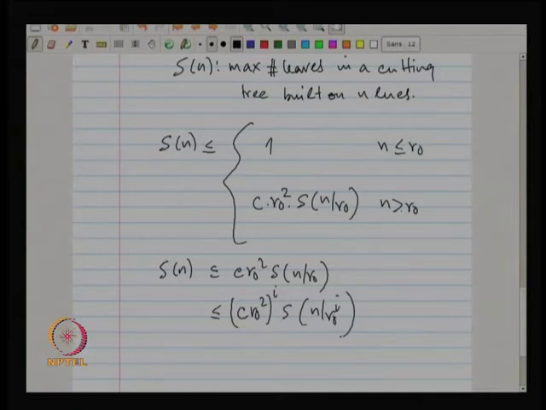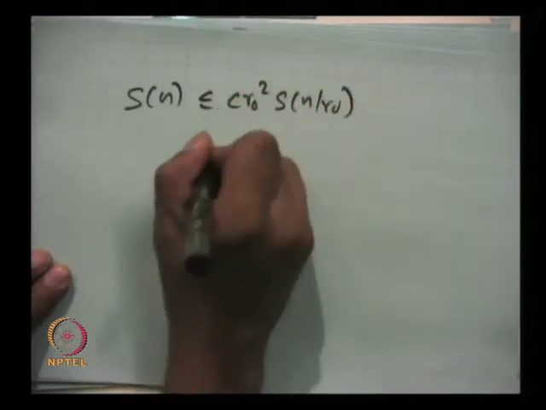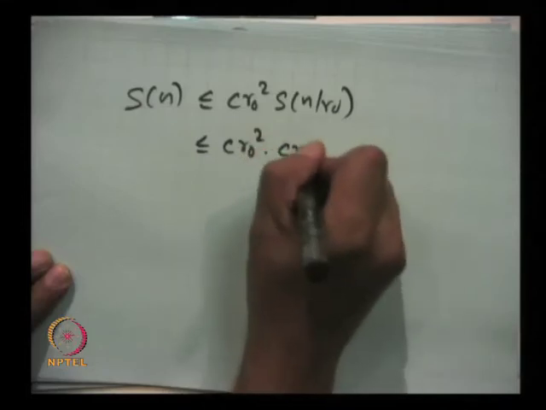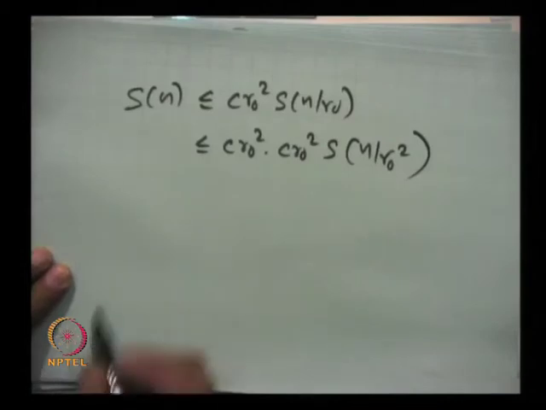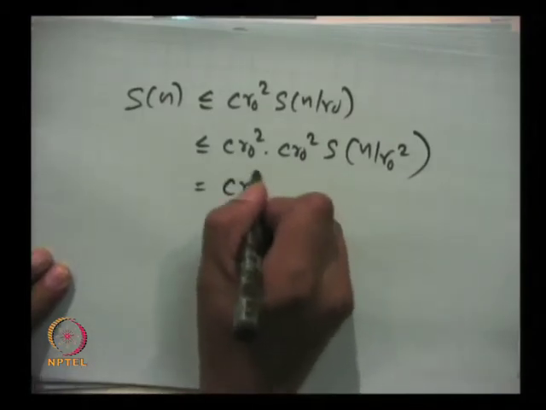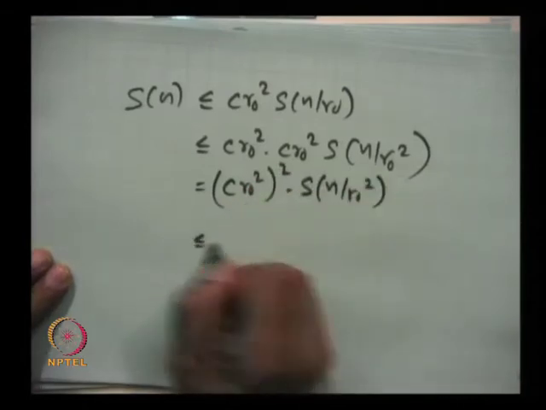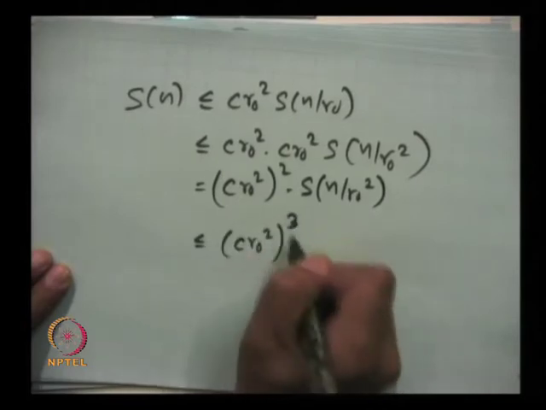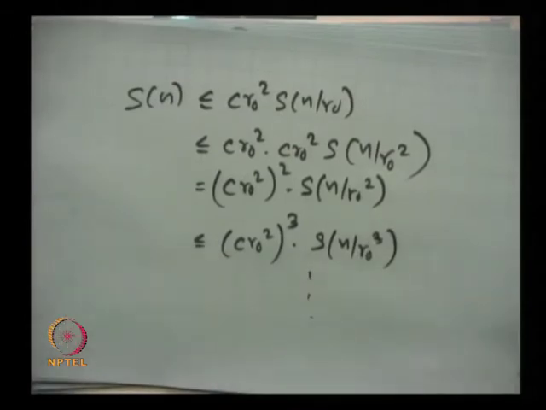Because every time the size shrinks, so if you want to go a little slowly, S of n I wrote as C times R0 square S of n over R0. Next time when you do it, you lose another R0 factor, so that is C R0 square again. When you do it the third time, you will get the same. So, that is what you get from the recurrence.